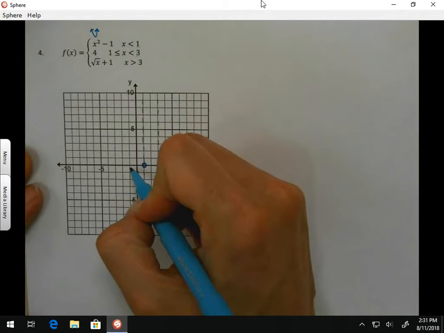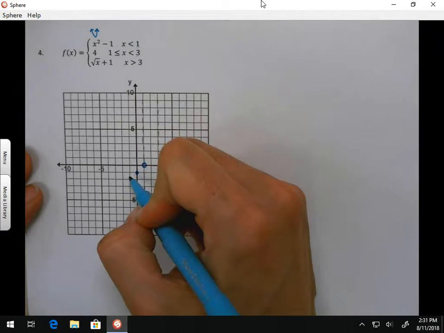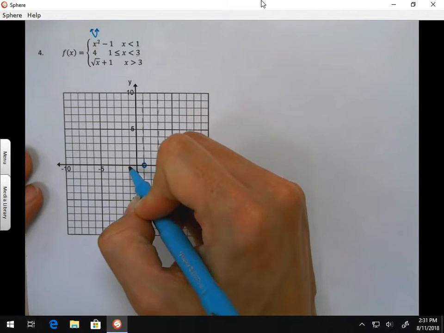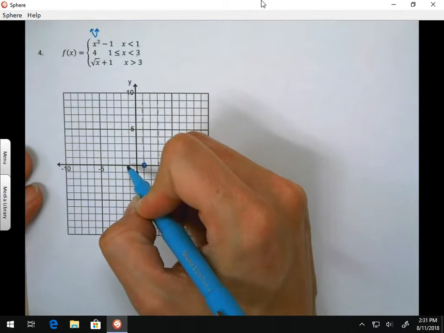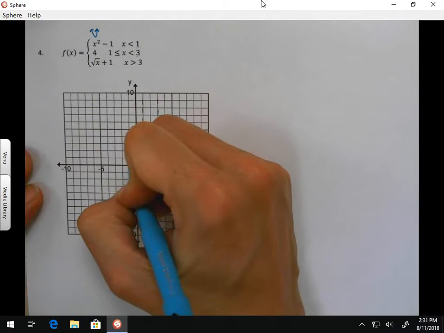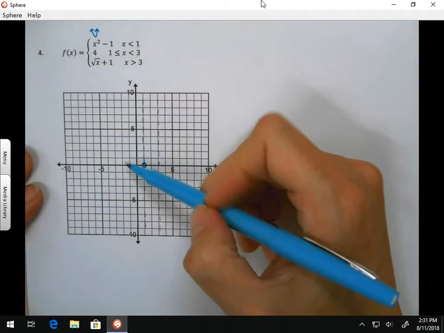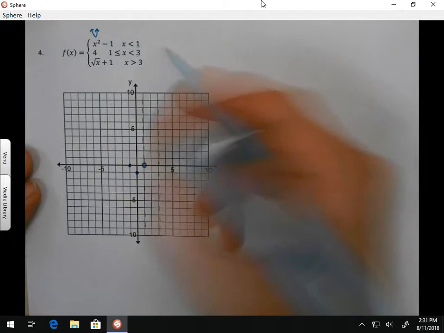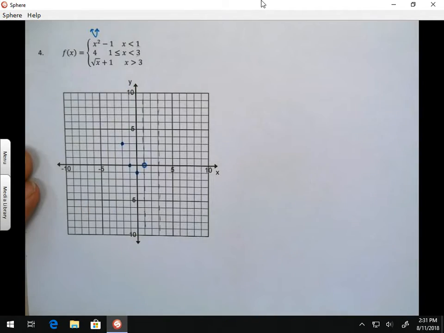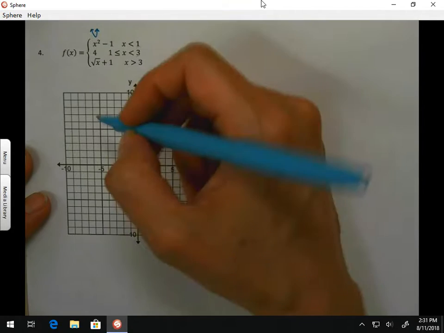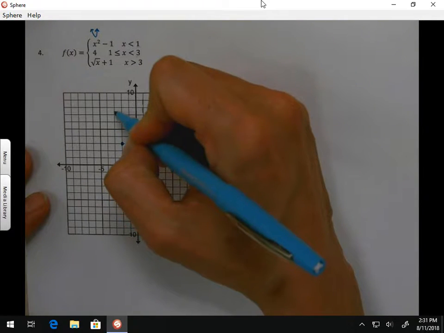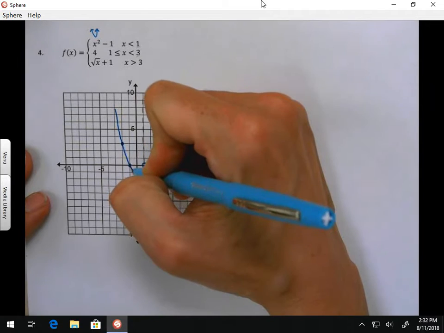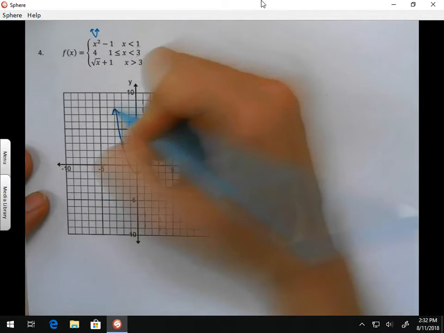Now, if I have x equal to negative 1, negative 1 squared is a positive 1, minus 1 is 0. And I'm going to do one other point here. x is negative 2, so negative 2 squared is a positive 4, minus 1 is going to give me 3. And so now I've got the shape of that parabola. So it's going to look, if I can curve that, like this. So there's my first piece.